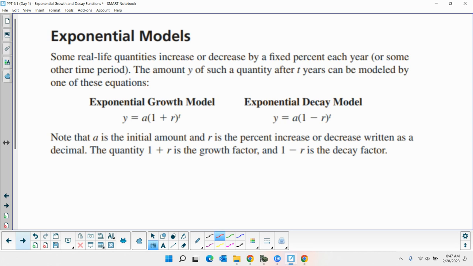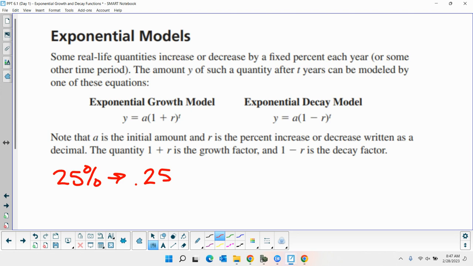There's my little examples. What do we do to change a percent, like let's say 25% to a decimal? What is that? Yeah, 0.25. Thank you. So if you have 25%, you're going to change it for r as 0.25.